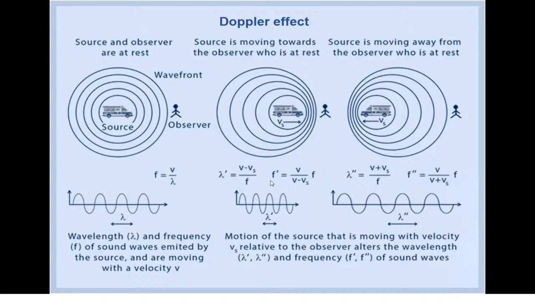Look, the frequency changes of original mechanical wave when the source or the observer are at relative movement with one another. Wavelengths and frequency of sound waves emitted by the source are moving with the velocity into this space when there is no relative motion.